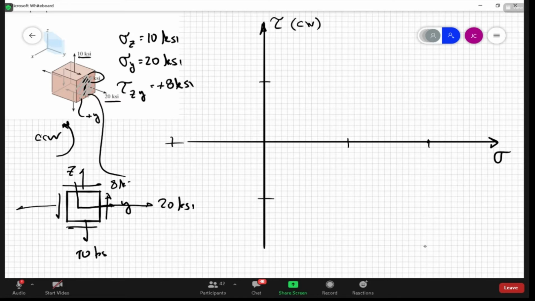So this is looking down the x-axis, and the 8 ksi wants to rotate it counterclockwise about the x-axis, so that's going to be in the negative direction. That's about here, let's say, on that positive y face.